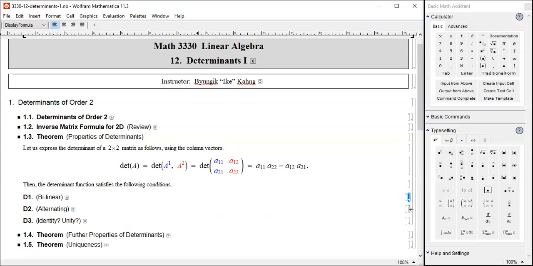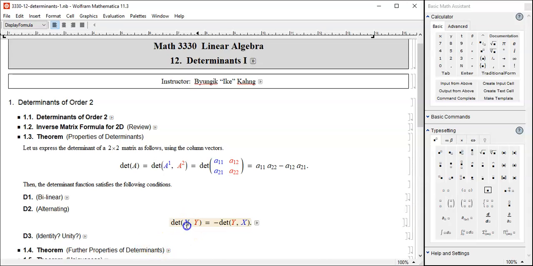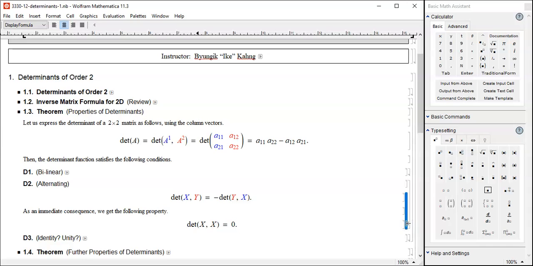Next property, alternating. So if we switch two columns, then negative sign. Some people call it anti-symmetry, but the term I'd like to cover is alternating.